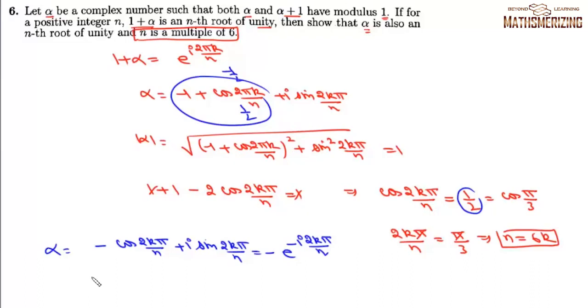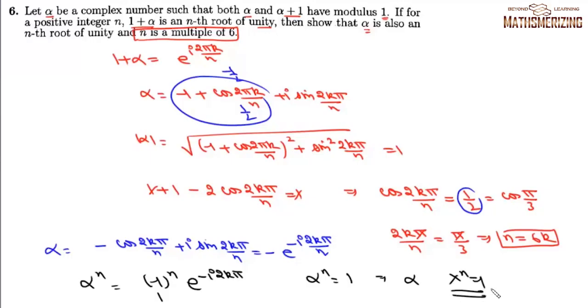Now if we take nth power of alpha, we can write alpha to the power n will be minus 1 to the power n, and then e to the power minus iota 2k pi. Now since n is a multiple of 6, minus 1 to the power n will be simply 1. So this alpha to the power n will be e to the power minus iota 2k pi, which is cos 2k pi plus iota sine 2k pi, which is 1. So that means this alpha, it is also root of this equation x to the n equals 1. That is, this alpha is also an nth root of unity.